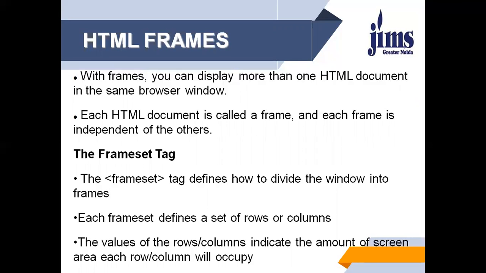How will we do this? With the help of the frameset tag. The frameset tag defines how to divide the window into frames. Each frameset tag defines a set of rows or columns. The values of the rows or columns indicate the amount of screen area each column or row will occupy.